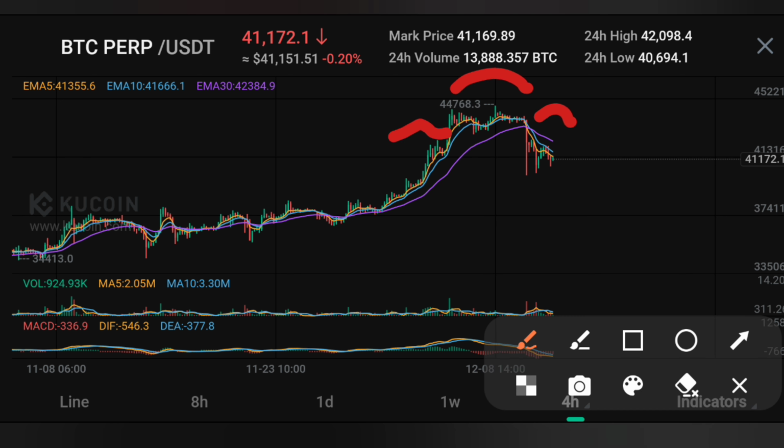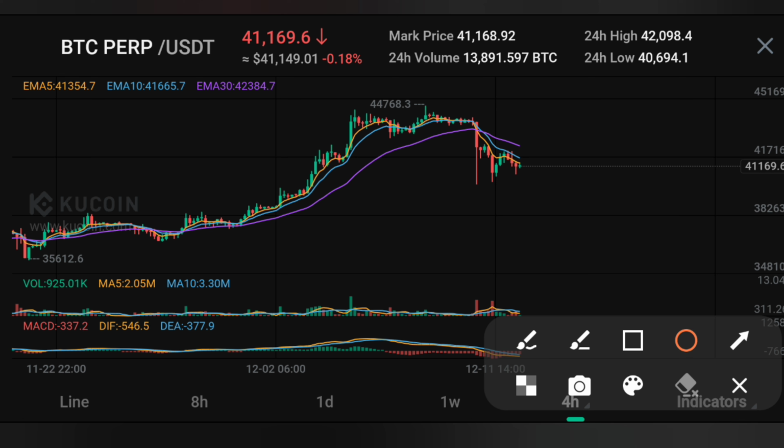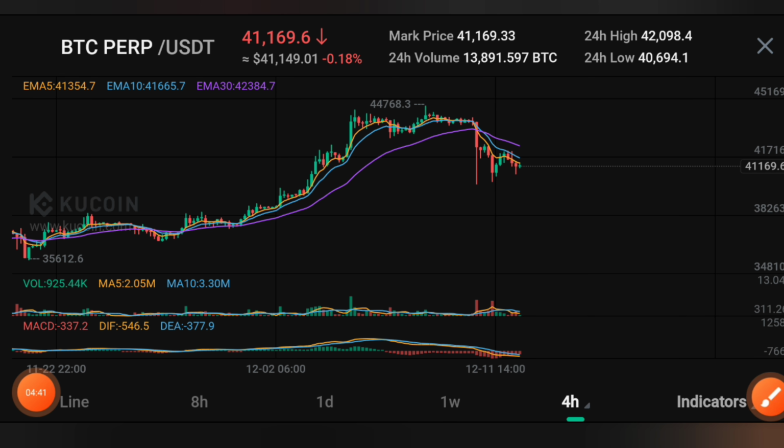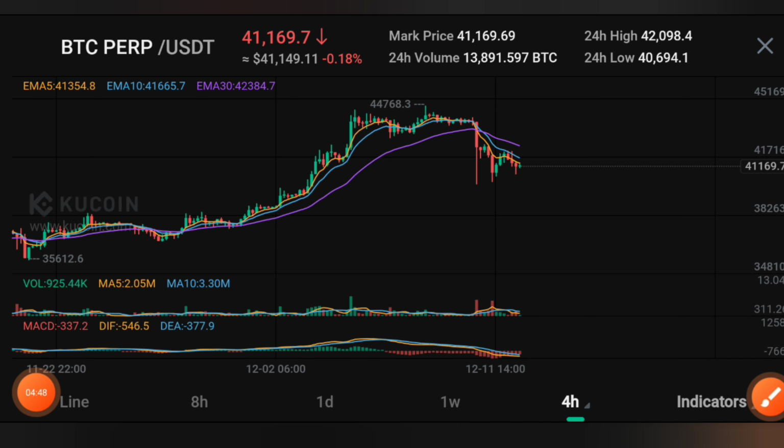I said this area right here is very hard to break, and as you can see, I told you there might be a curve shaping up like this, which is doing it right now. Almost every single thing I'm saying is happening. I'm not really trying to give myself credit, because everybody makes mistakes. I make mistakes too, but so far I've been right.